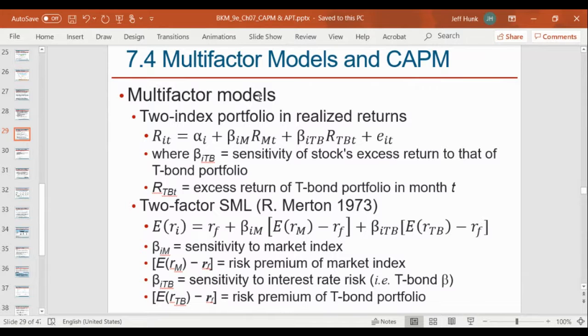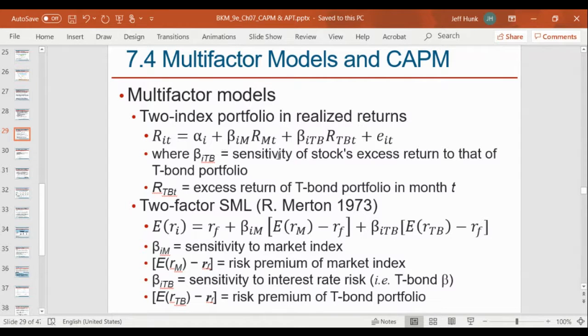There must be other systematic factors. So, for example, let's say a two-index portfolio. Let's assume two macroeconomic factors or two systematic factors.